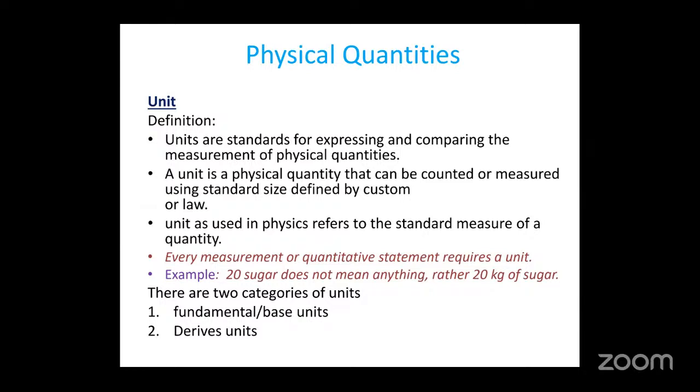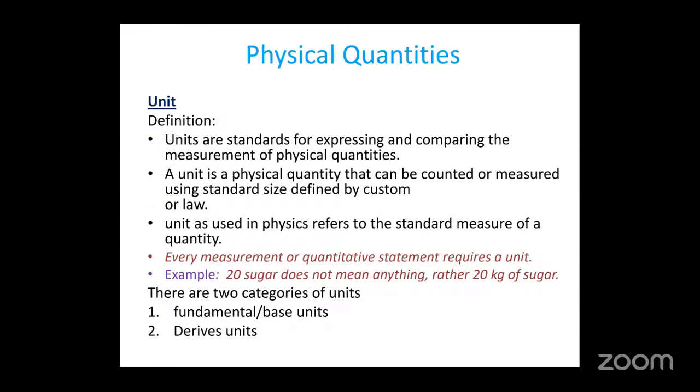They cannot be defined by other quantities, but other physical quantities are derived from them. There are 7 in number. There are 7 base quantities or fundamental quantities.